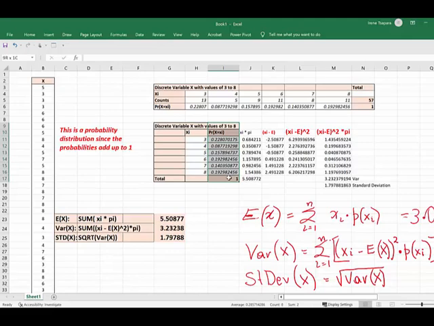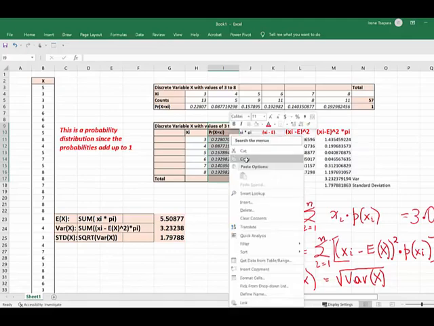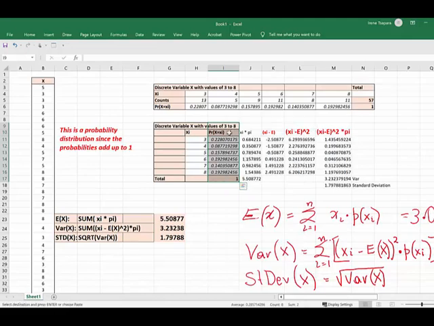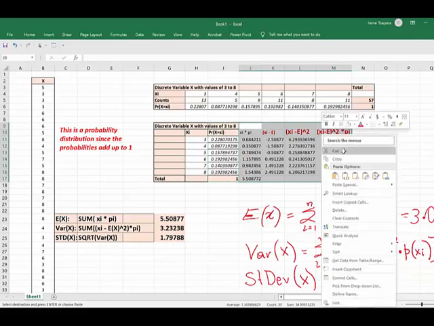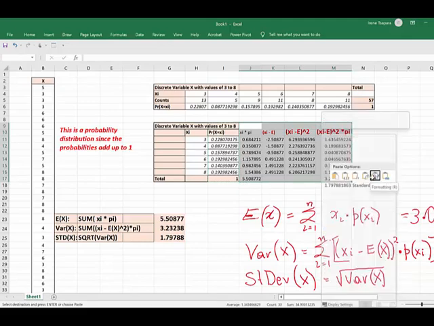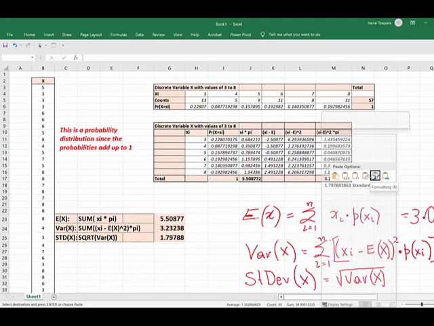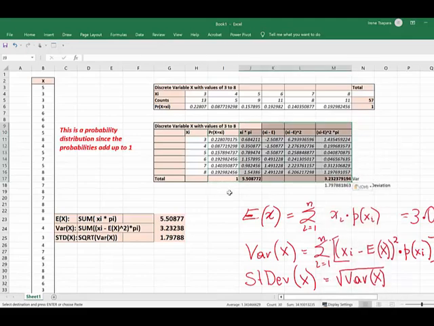You can copy this, because this is what you want, and you want to copy the format, not the values, not the information, but the format. So I'm going to try to do it like this so you can see it. So I am going to format. The format is right here. You see that it says formatting. You click on the formatting and easily you have your results for everything.